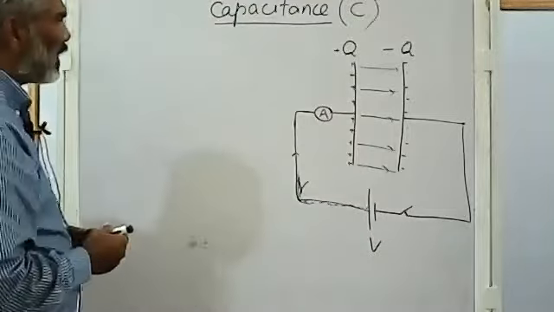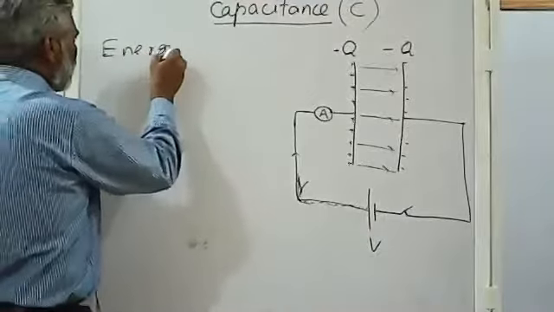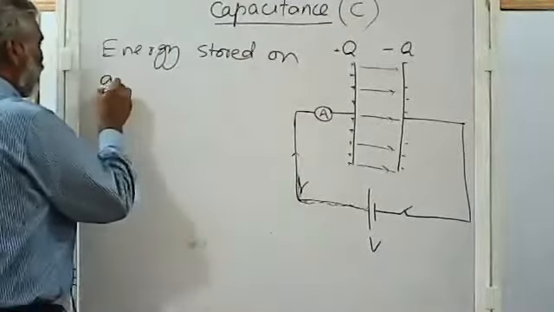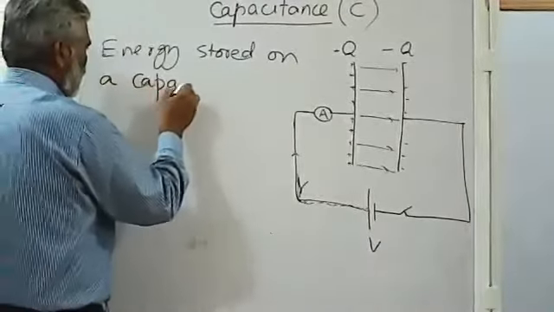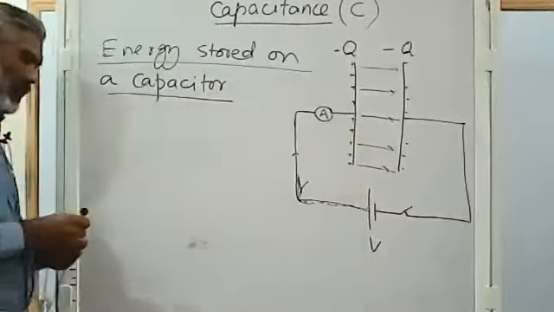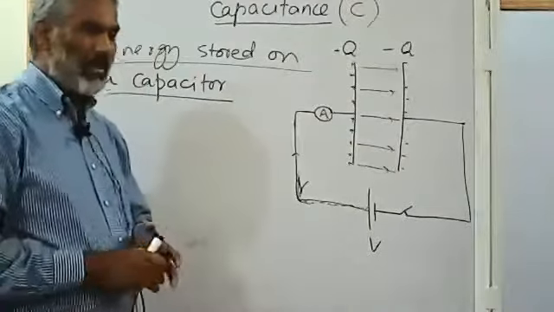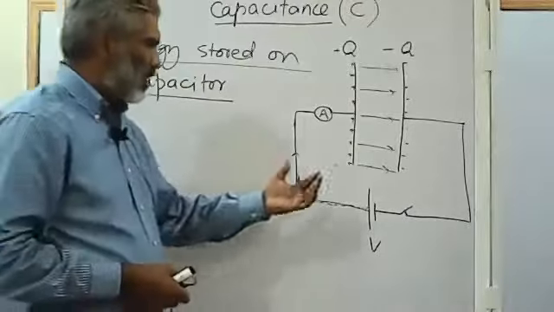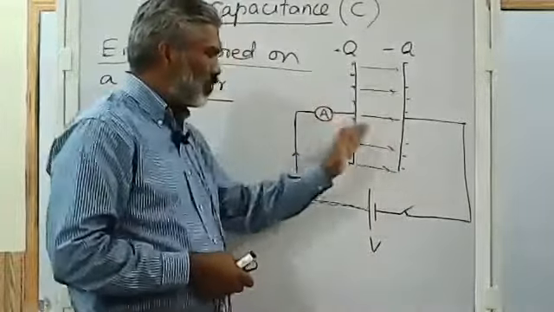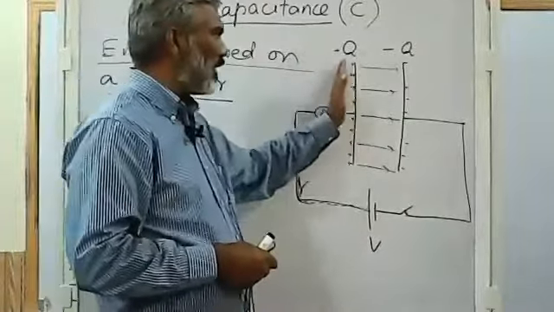In order to understand the energy stored on a capacitor, we have a simple formula to derive, and that is based on the same concept that you learn in your AS classes.